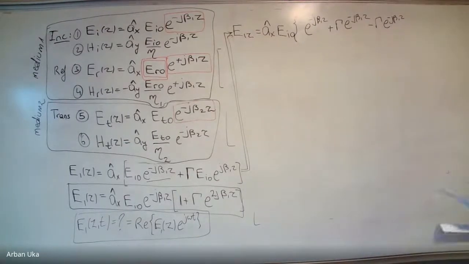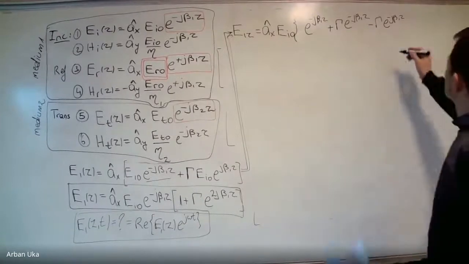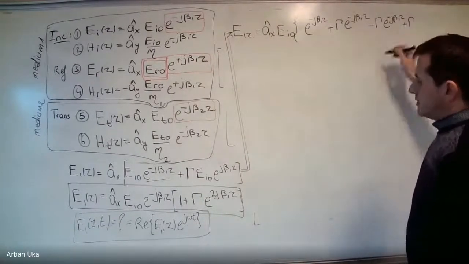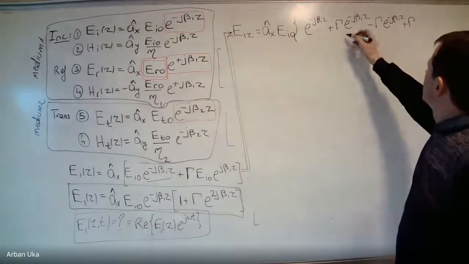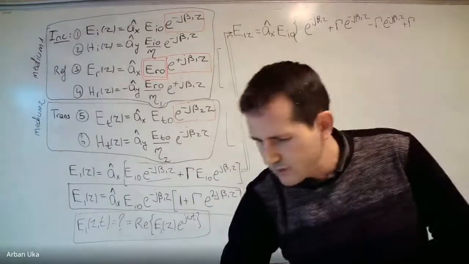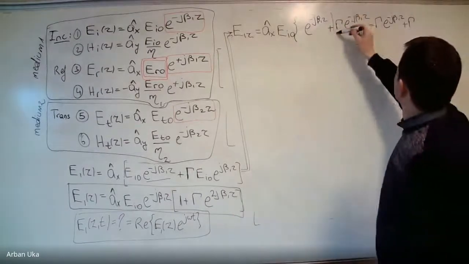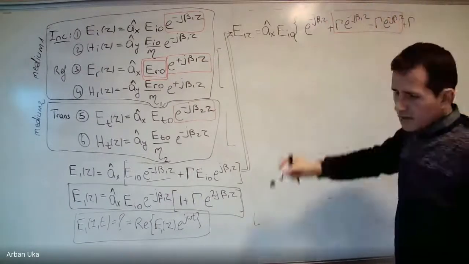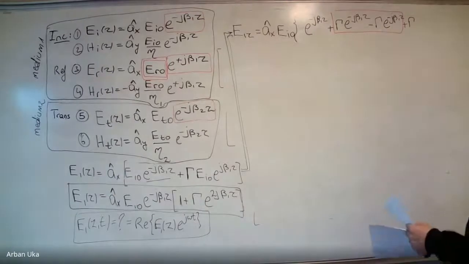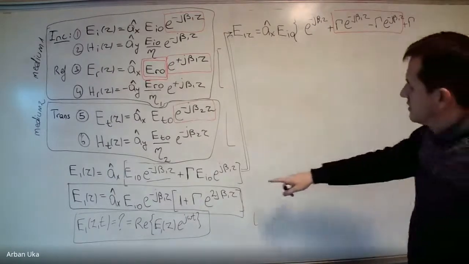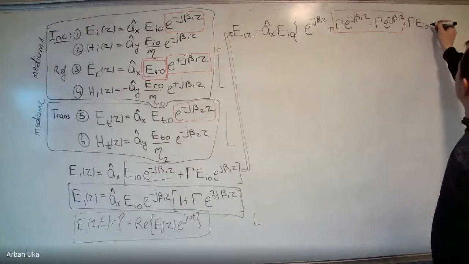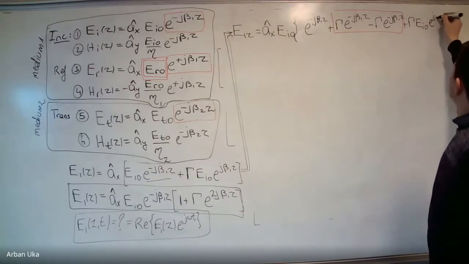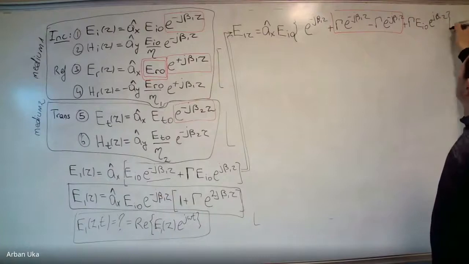So far we've done nothing new, okay? And then plus, now let's write this term, okay? So we wrote the first term, we added, so these two add up to 0. This should not disturb us yet, but we might use it to derive something. Then we're left with plus E_I0 e to the power plus j beta 1 z.